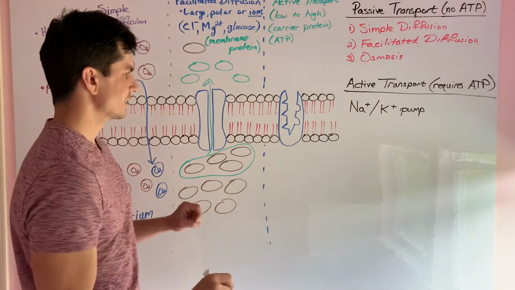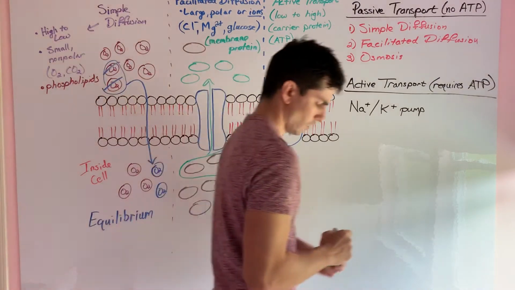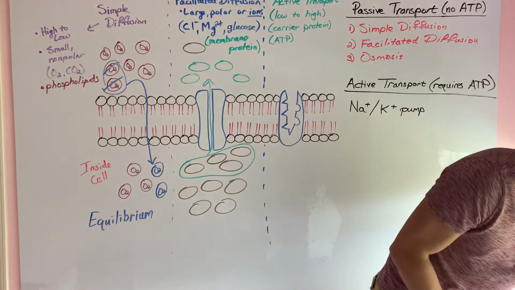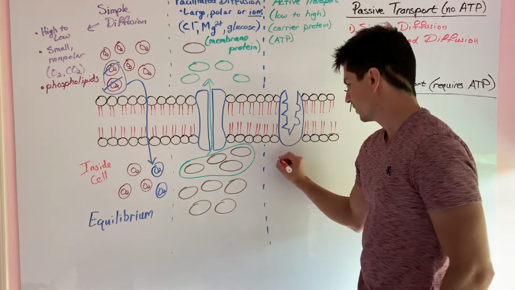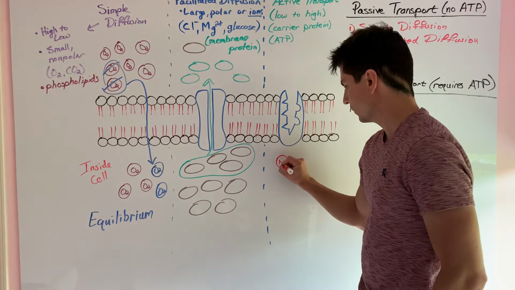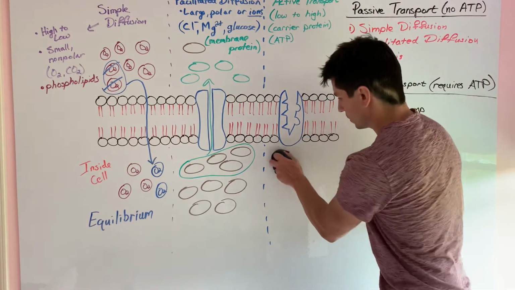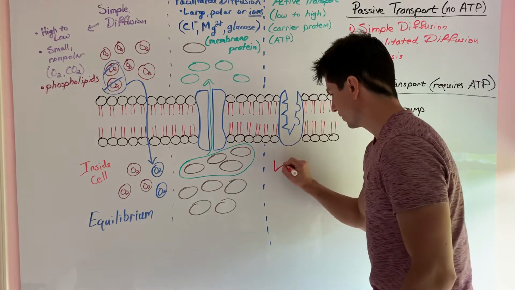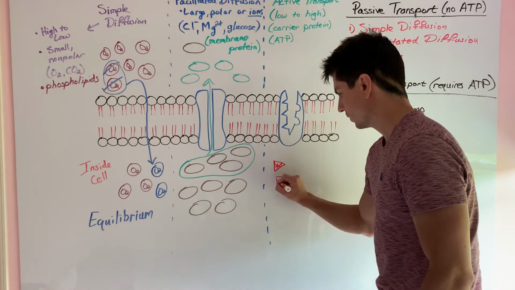So let me give you the classic example here, guys. This is going to be the sodium potassium pump here. Now, what I'm going to do is I'm going to start off, and we are going to have a little bit of sodium inside of our cell.